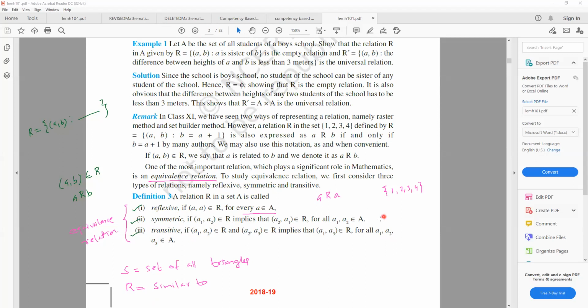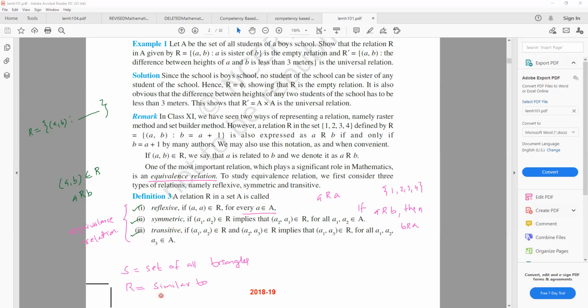In simple words, if A is related to B, then B should be related to A. That means if (A1, A2) is there, then (A2, A1) should also be there, and if (A, B) is in the relation, then (B, A) should also be in the relation. Understood? Symmetric means if one element is related to another, A1 is related to A2, then A2 is related to A1, and then we can say that relation is symmetric.